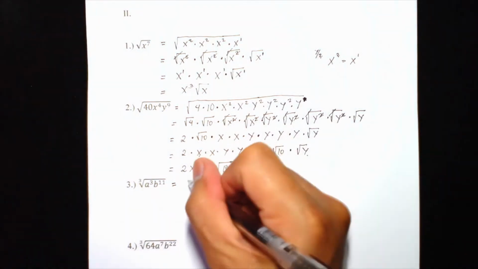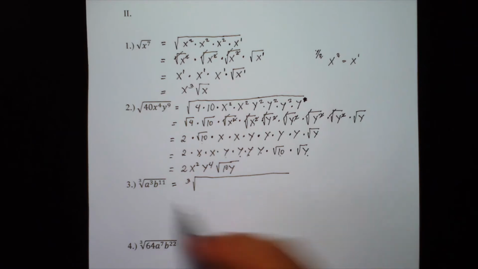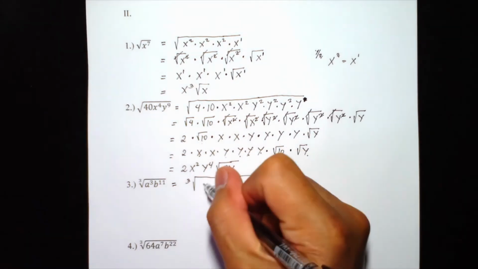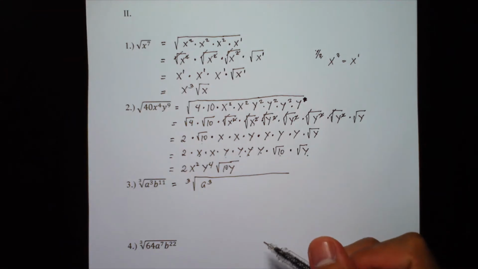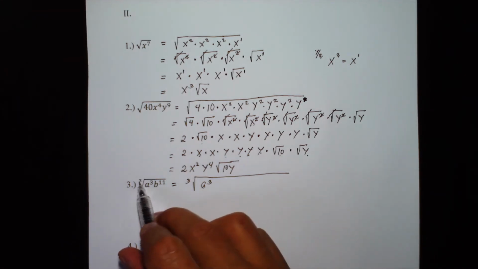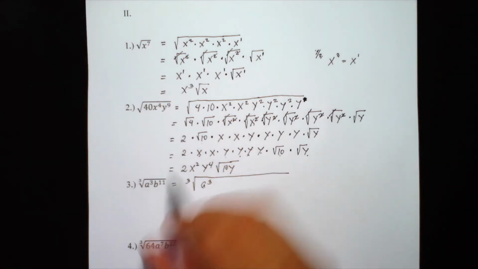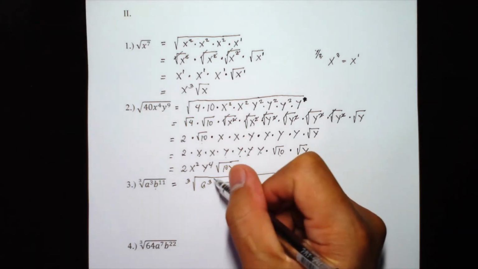Okay, so we have the cube root of a cube. No need to factor this one because it already satisfies the cube root. Then b11, so we need to factor this one with respect to cube root, I should say.